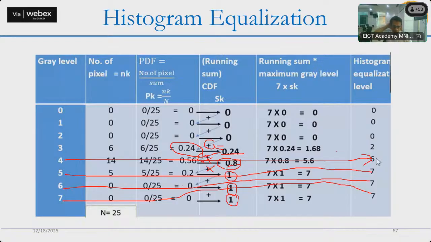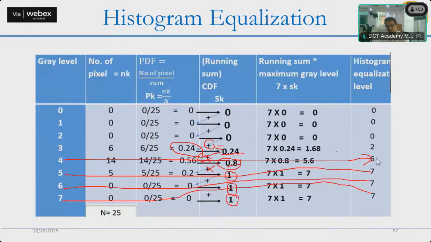But remember, this is not the final value which we want to replace in our image. Some more changes are required. What changes? We want to know that when this gray level, for example, this gray level, what will be the new value?